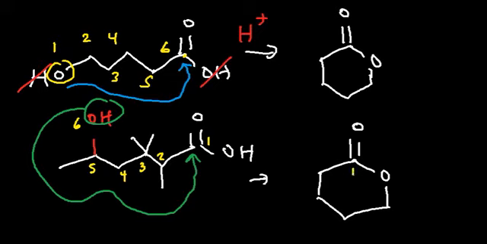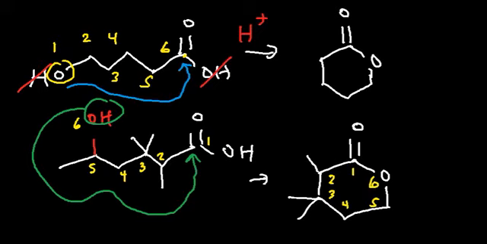So this is carbon 1, this is 2, 3, 4, 5, and the oxygen is number 6. So on number 2 we have a methyl group, and on number 3 we have a dimethyl group. So that's the product of the intramolecular reaction between an alcohol and a carboxylic acid.